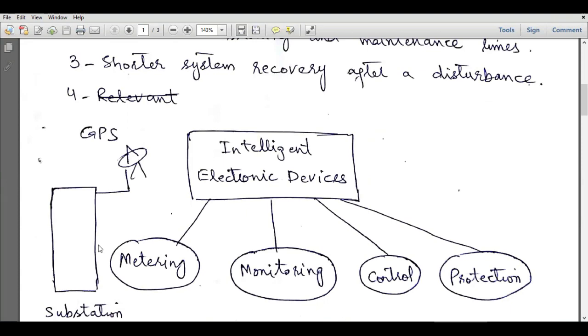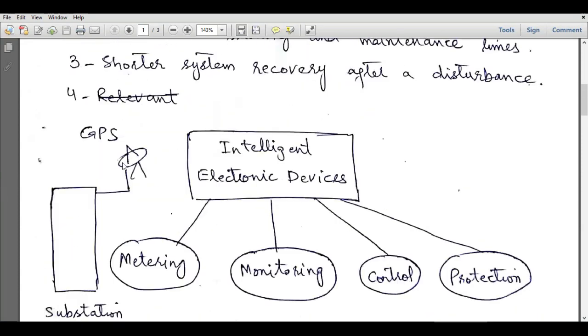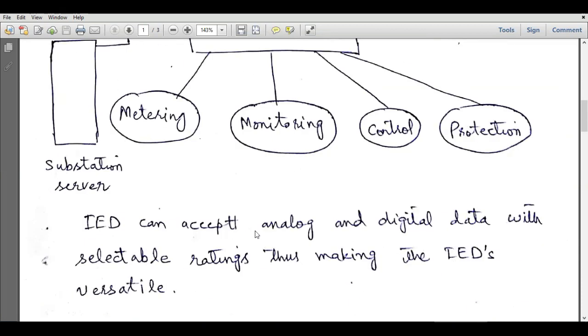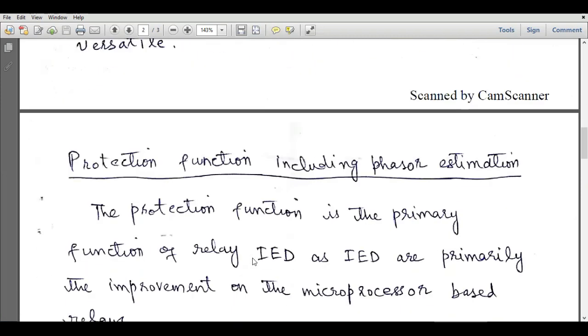So you can see here we have a substation server which is connected with the GPS, and these are intelligent electronic devices whose tasks are metering, monitoring, control, and protection. So IED can accept analog and digital data with selectable ratings, thus making the IEDs versatile. So IEDs are versatile, and they also provide protection function including phasor estimation.